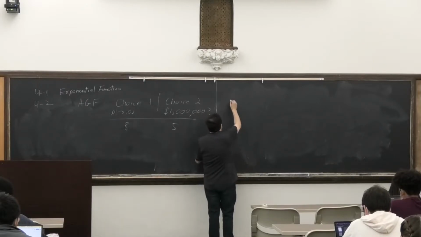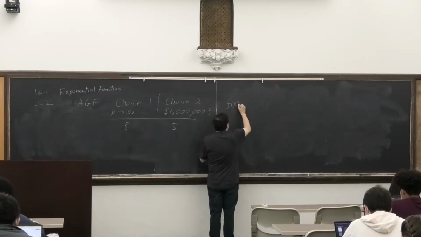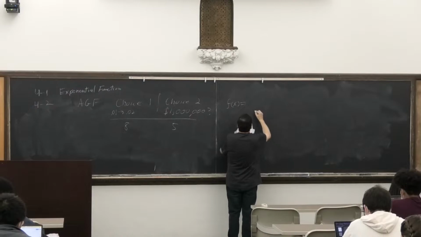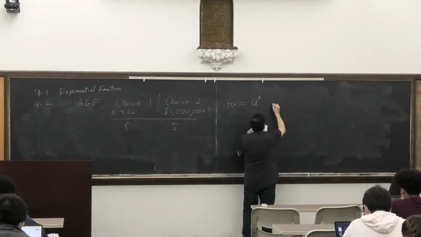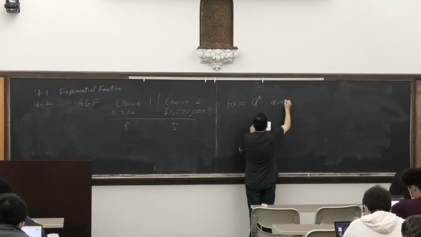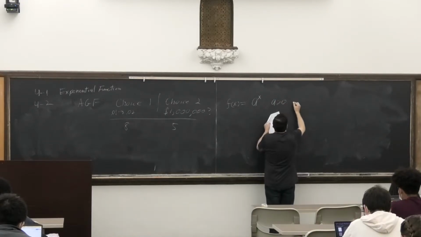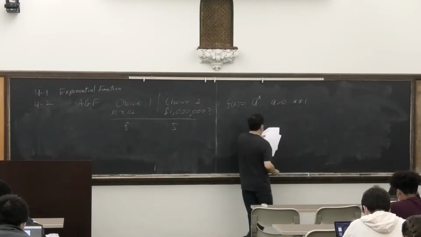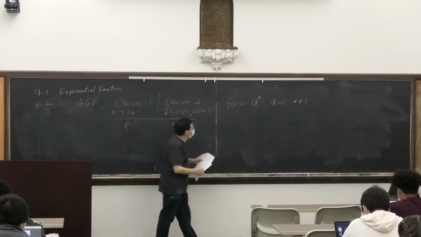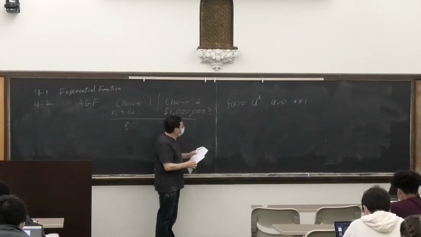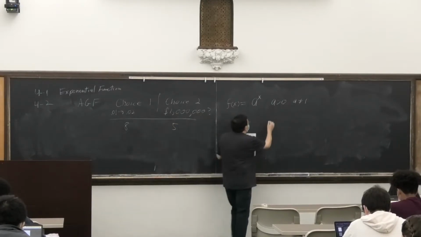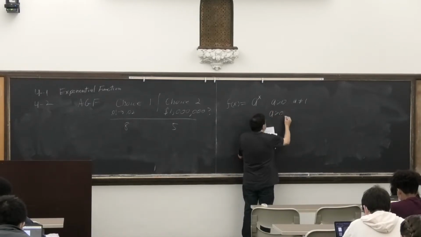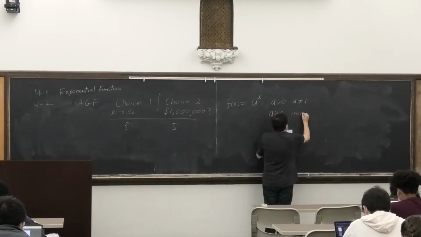So, the definition of an exponential function is a function a raised to the power of x, where a is greater than 0, and a is not equal to 1. If a is greater than 1, this is an increasing function.